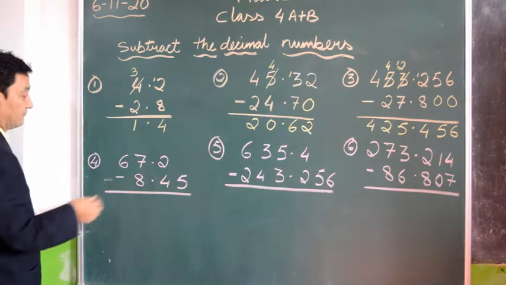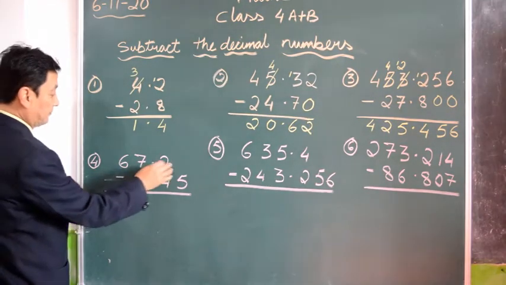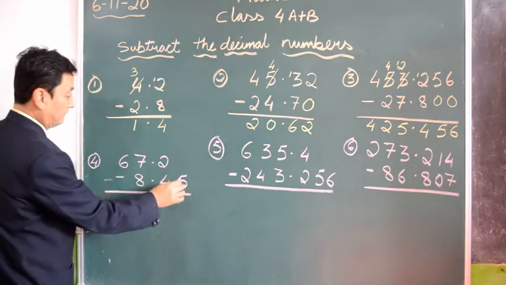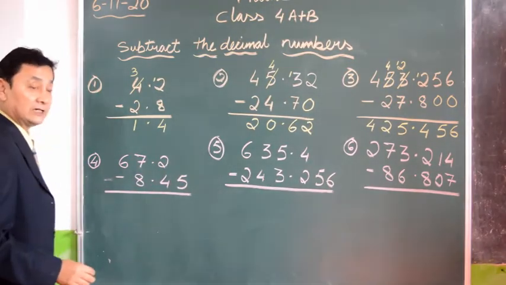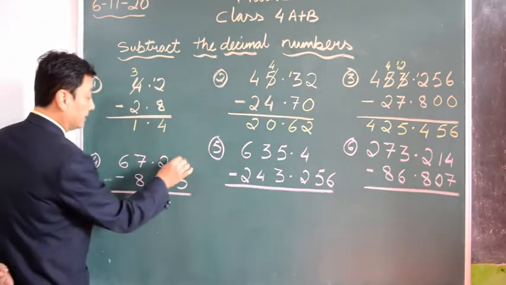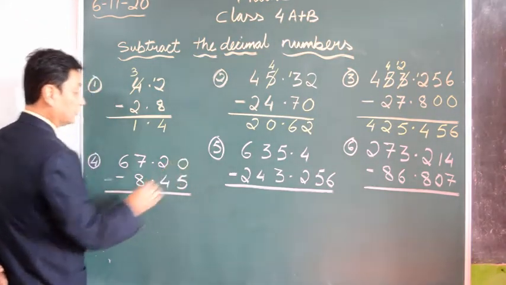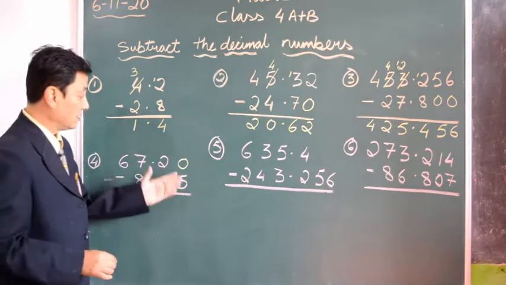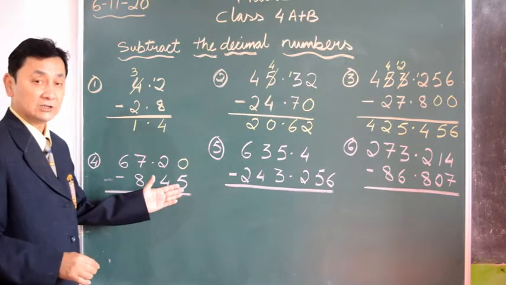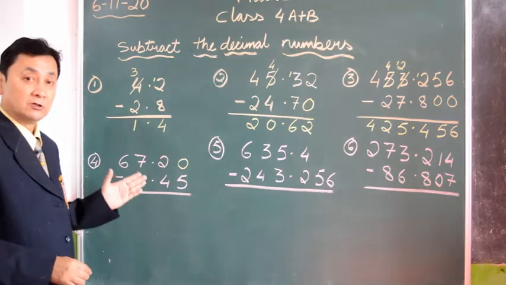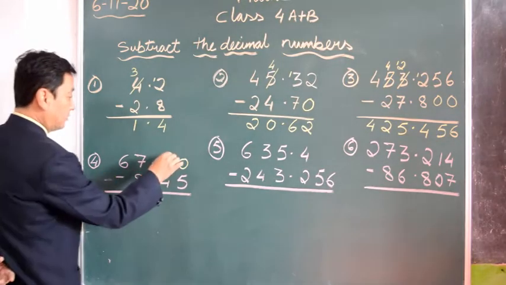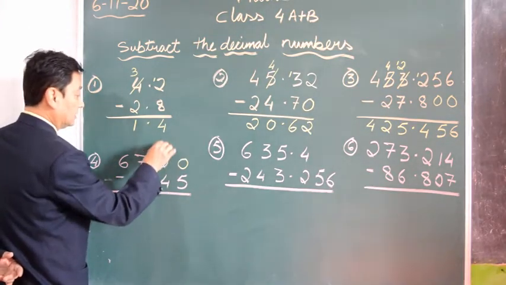Did you understand? Okay, let's do the other number. Let's do something different now. 67.2 minus 8.45. We just cannot put 5 there. What did I tell you when there is no number? Put a 0. Now we have a 0.5. This is not addition where we can add 5 plus 0. We have to borrow from 2.